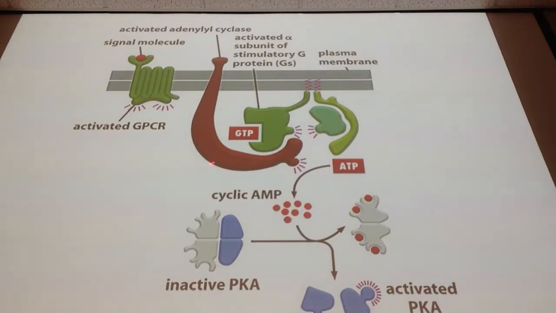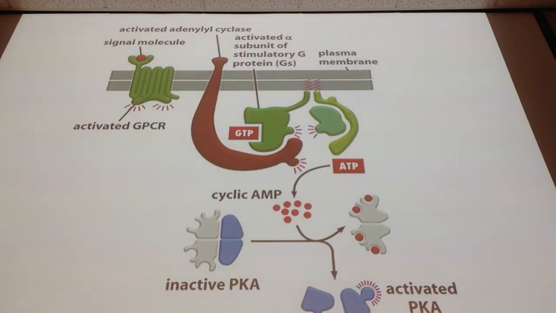And it's only turned off when the G protein is turned off, and the G protein is only turned off when the GTP is hydrolyzed. So how do you control the amount of cyclic AMP that is going to be produced? By controlling the longevity of the active G protein. You see how that works? So that's the bigger picture to think about.